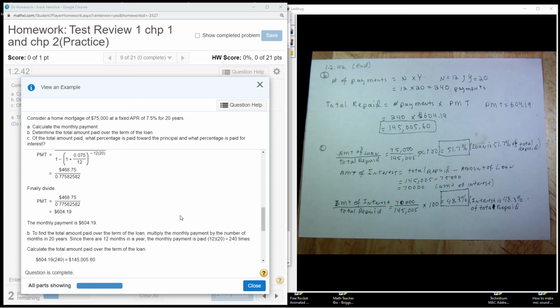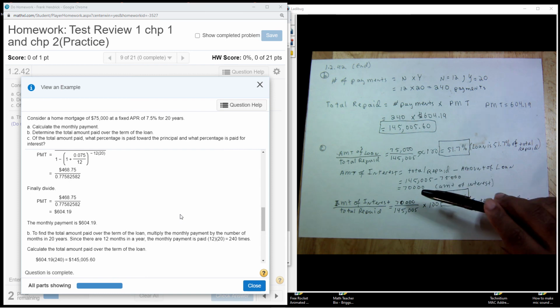Now, in this amount that's repaid, part of it is the loan and part of it is interest. Part C asks what percent is loan and what percent is interest. So here in part C, we have a fraction, the amount of the loan divided by the total repaid, which gives me what percentage of the total repaid is loan. Okay, so you have to find the amount of interest.